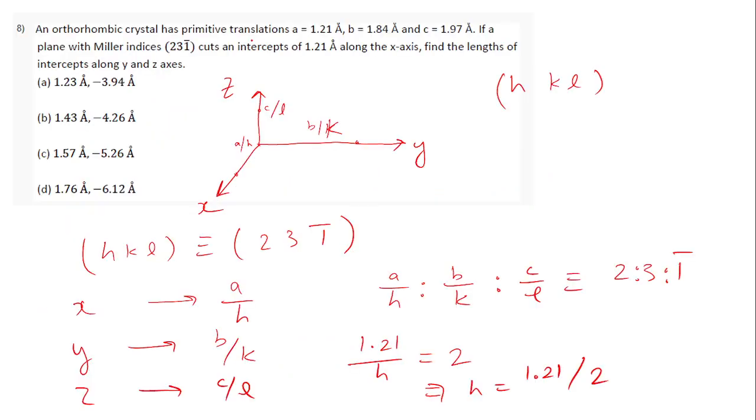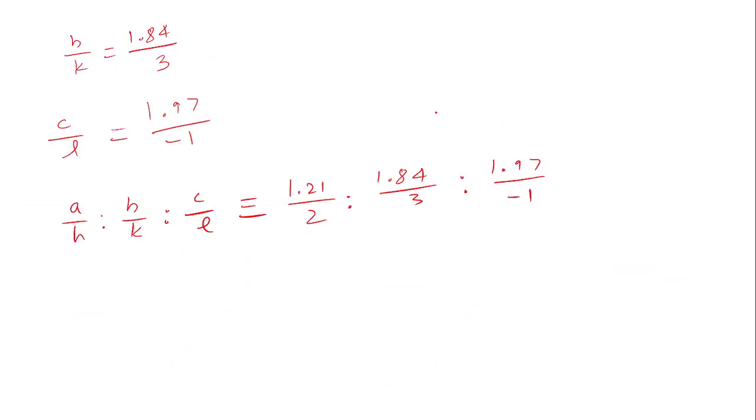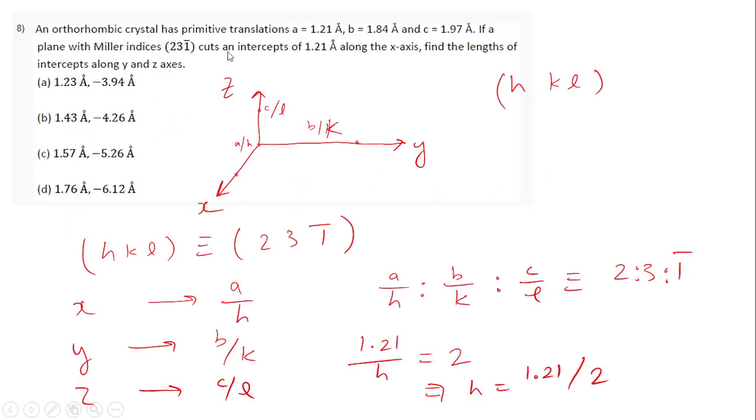Whenever we are given intercept, when we convert it to HKL, we take the reciprocal and then we multiply it with a number. So here also, to get the intercept we have to multiply. We have been given that the intercept on x-axis is 1.21.